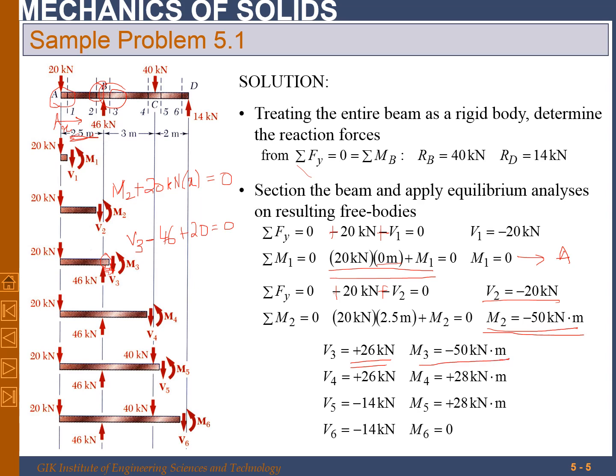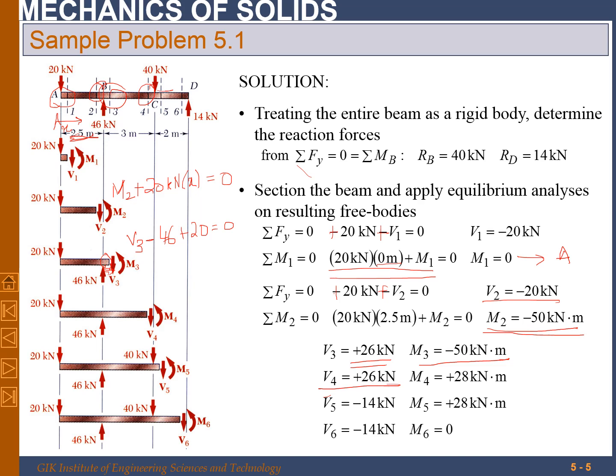Now, if we take a section just before C, we can write the expression of V, and with that the sum of forces in the vertical direction should be equal to 0. So V is 26 kilonewton.